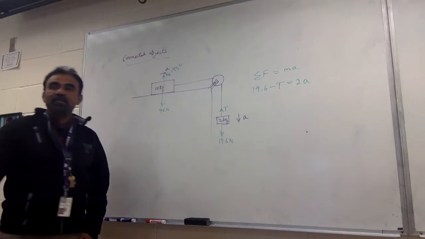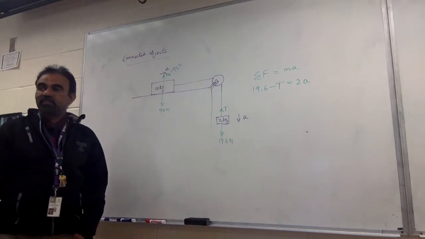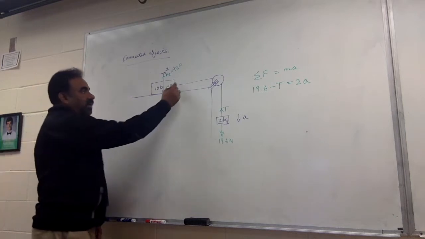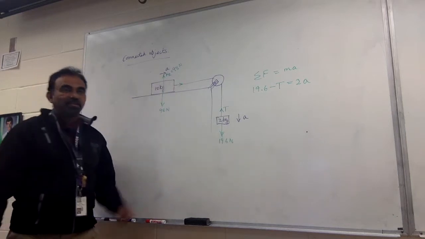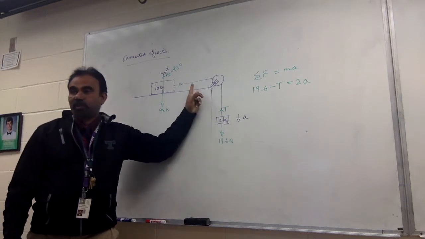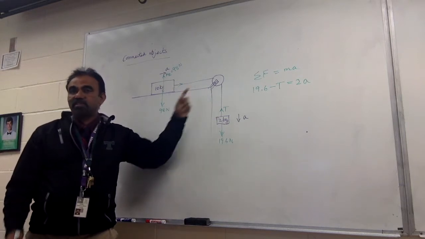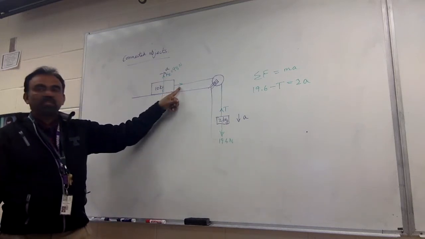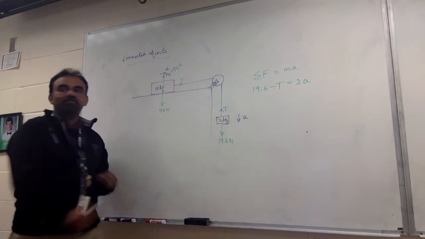You know that. And what else is acting on it? Tension. Acting which way? To the right. So the same string which was pulling this object upward is now pulling this object this way. That's why I said tension does opposite things to the opposite ends.